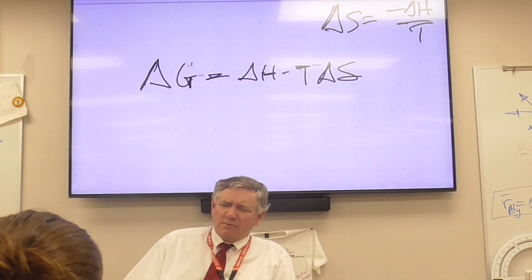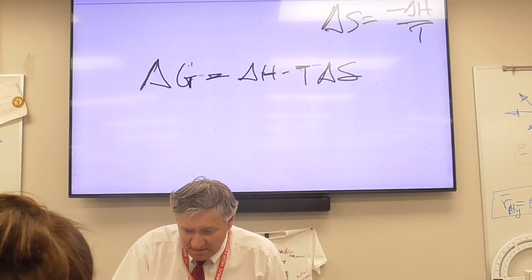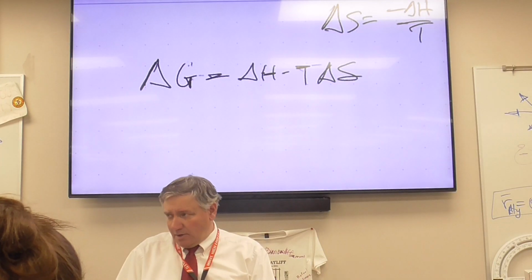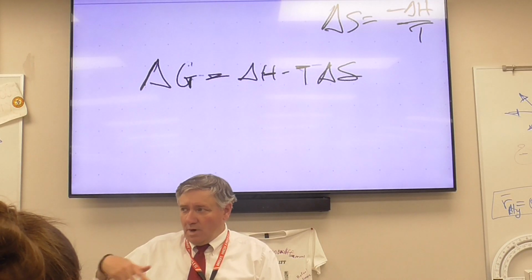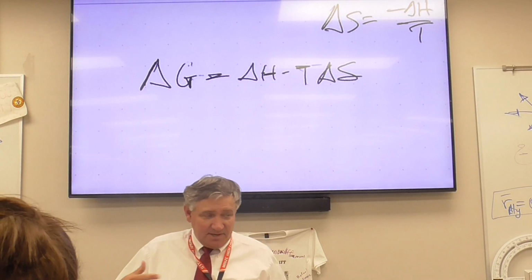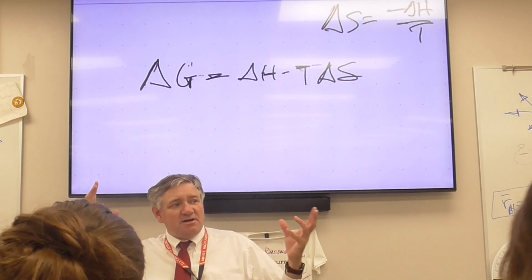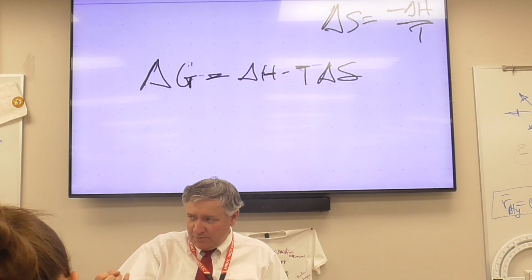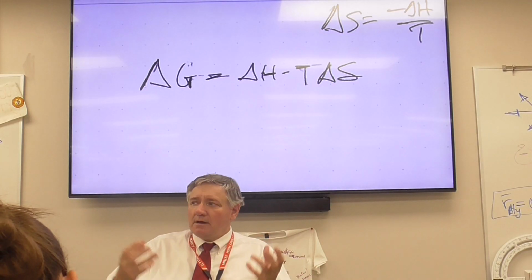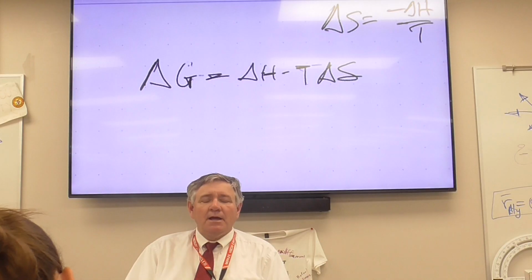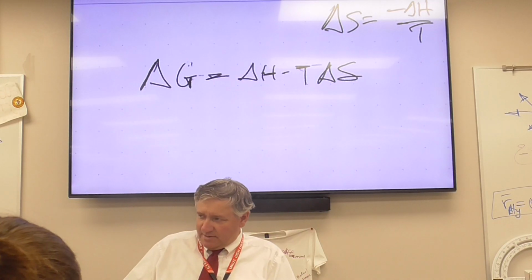So the first reaction that we're going to do together as a class is a reaction between hydrochloric acid and sodium bicarbonate, otherwise known as baking soda. One of the gases you're going to get out of this is carbon dioxide. You're going to take a concentrated hydrochloric acid and add to that sodium bicarbonate, and you're going to get all this carbon dioxide produced out of this reaction.